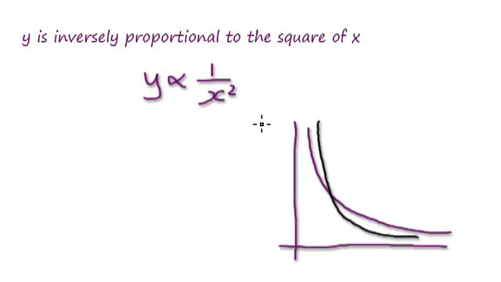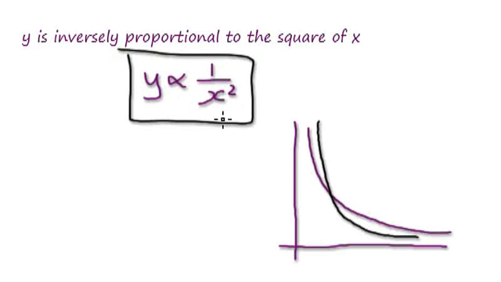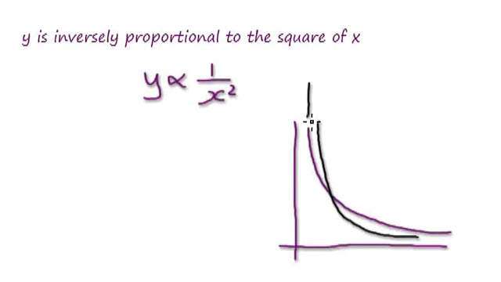So when given this here, visualize this graph inside your mind. This here is the purple line. This one here is y equals 1 over x.